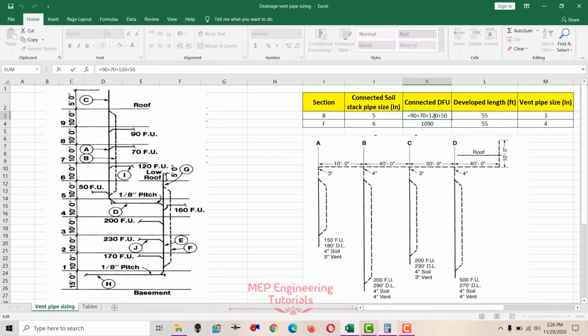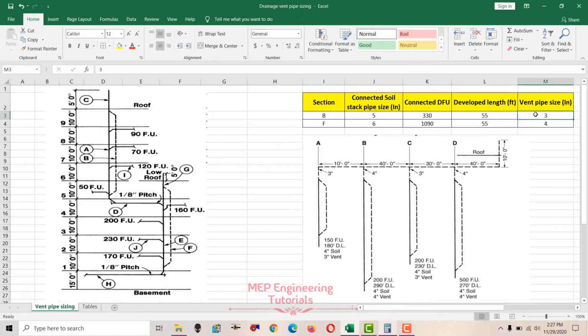We write here 330 fixture units, and the developed length, which I said is from the base point, so we are talking about this vent pipe. Developed length is from the base point to the top of the roof level. You can see 10 feet, 10, 20, 30, 40, 50 and 55. So the developed length is 55 here.